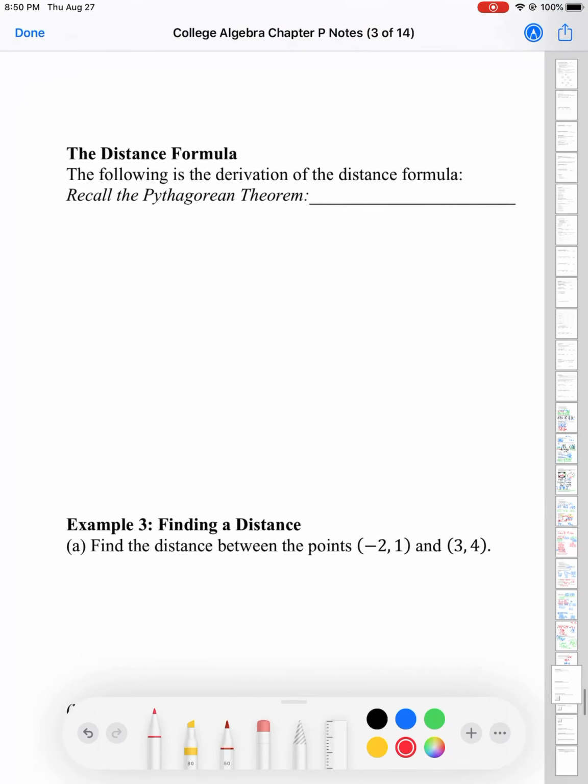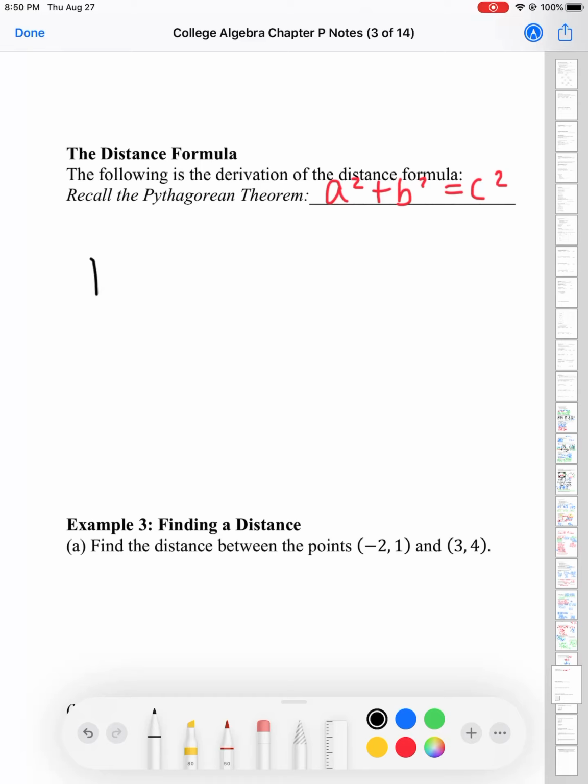Okay, the distance formula. I'm going to show you how we actually get the distance formula. Since I know you know how to use it, we're going to go a little bit farther. So recall the Pythagorean theorem: a squared plus b squared equals c squared.